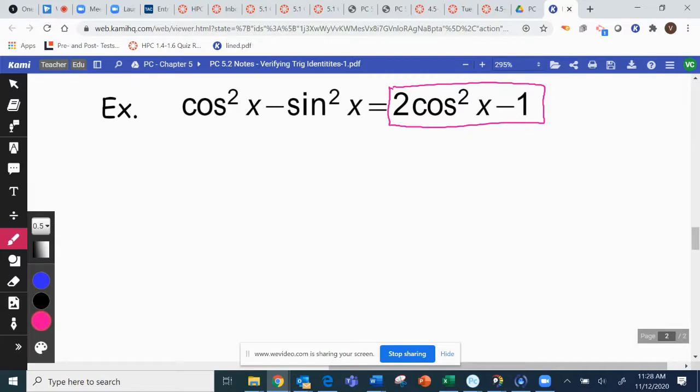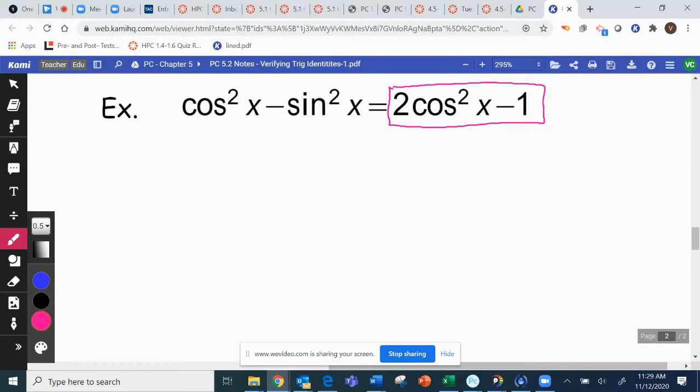I was thinking, couldn't you... No, but, well, you mean the minus sine squared x? Is that what you mean? Yeah, so what we want to do, yes. So what we want to do is, looking at the right side, we only have cosines. On the left side, I need to get rid of sine.